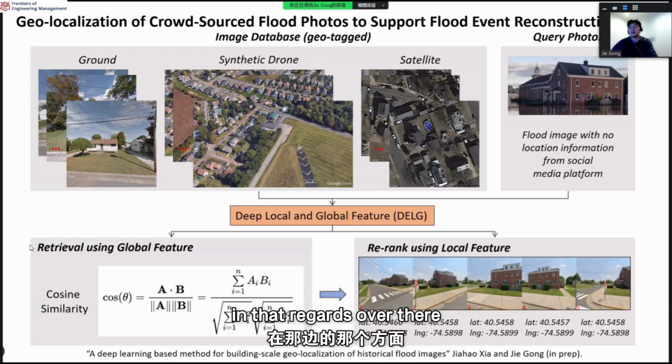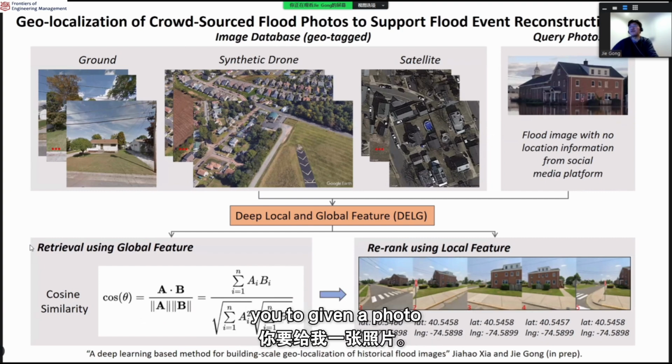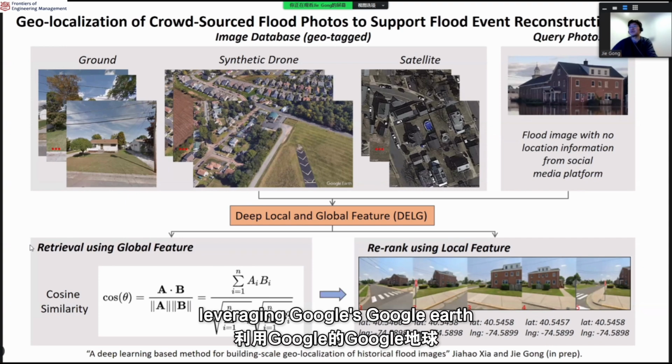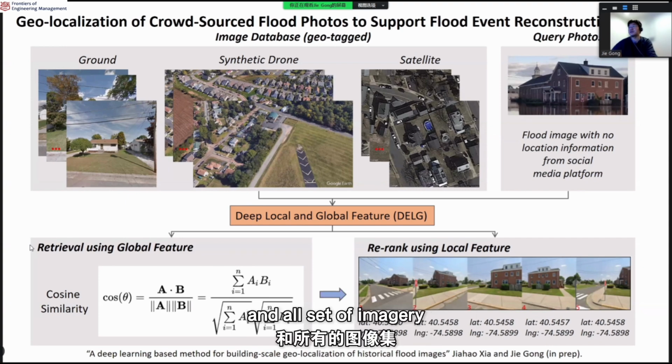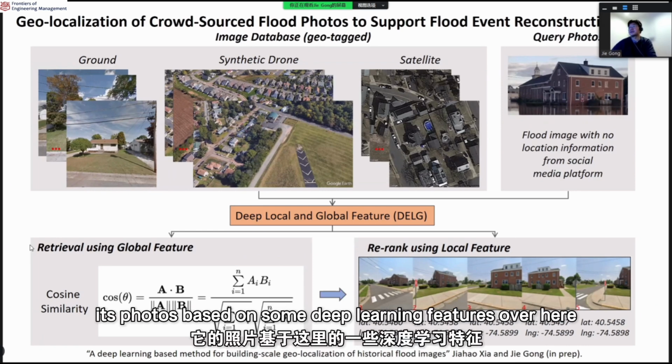In that regard, we formulated an algorithm that, given a photo, lets you query where it was taken by leveraging Google Earth and satellite imagery, doing a synthetic drone flying over to localize the photo based on deep learning features.